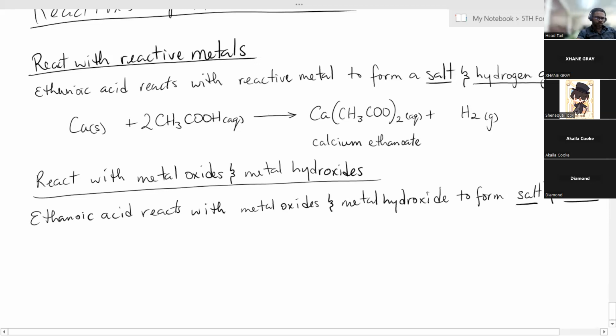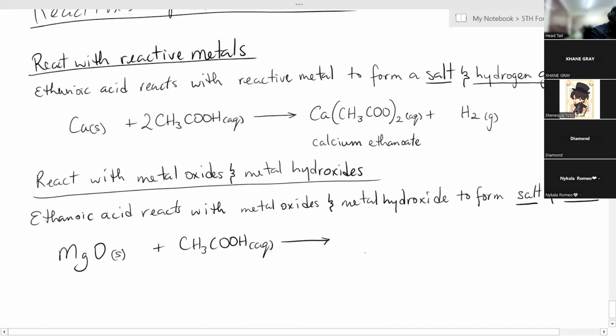First example, let's find a metal oxide. The example they have is magnesium oxide, solid, plus CH3COOH, aqueous, and we're going to produce a salt. In this case, it's just the metal displacing the hydrogen, and we'll know what salt is going to form. In this case it is magnesium.